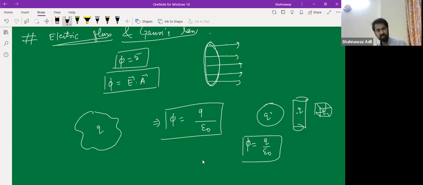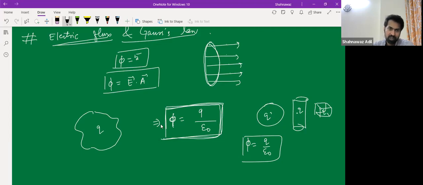So this is about the flux law, and this is called the Gauss law. For a closed surface, my flux is Q by epsilon naught. Is that clear, guys?